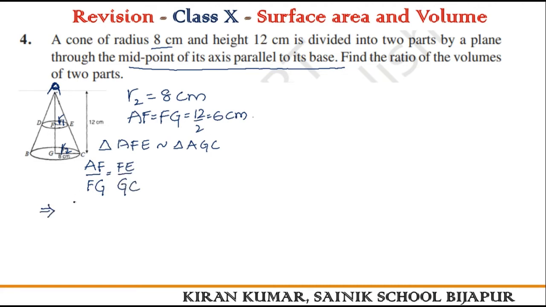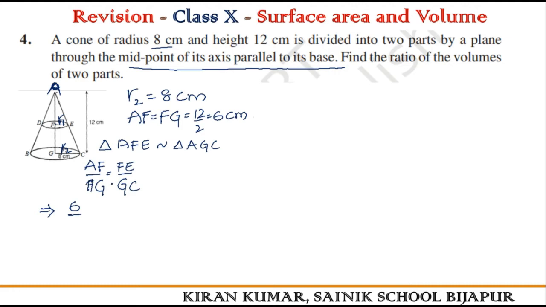This implies 6 is the length of AF, FG is also 6. So I have to consider AFG and AGC, right? So this is AG.